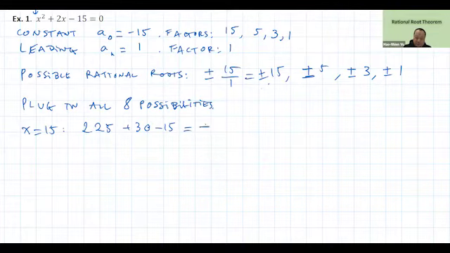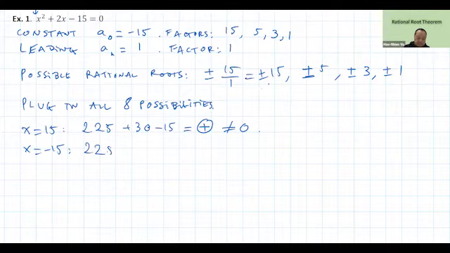So I just know that it's going to be something positive. Specifically, it's positive 240, but I really don't need the number 240. I just need to know that it's not 0. Something positive and not 0. So x equals 15 is not a root. x equals negative 15, also positive, not a root.